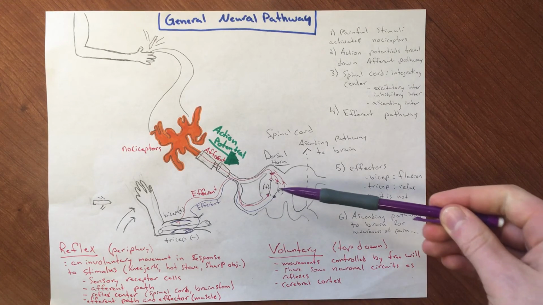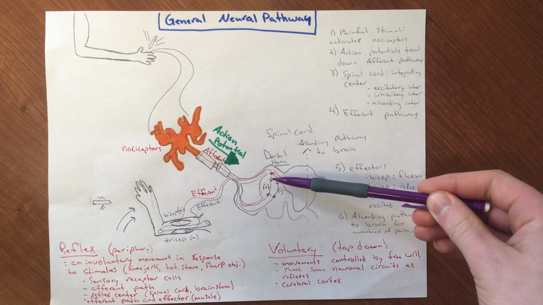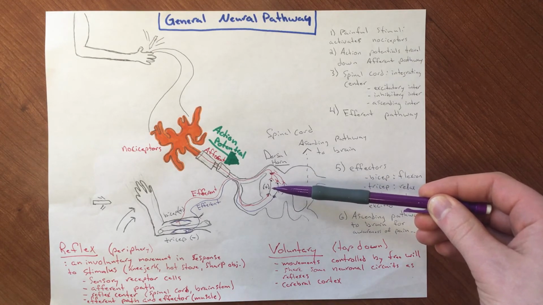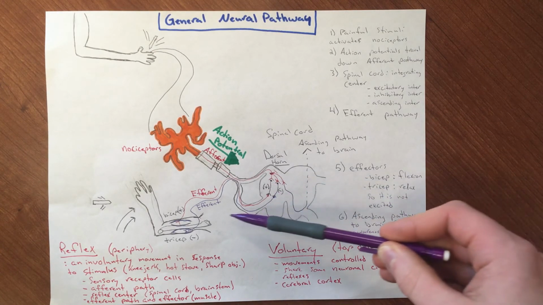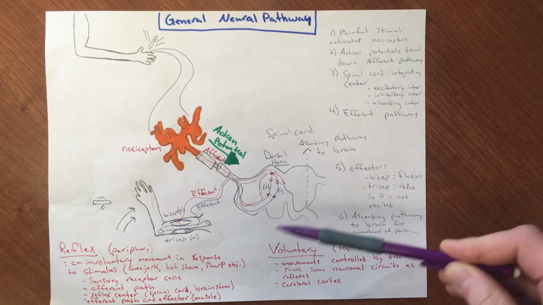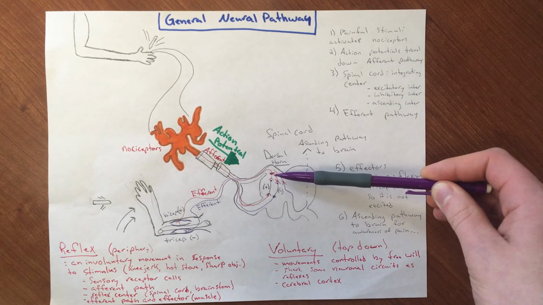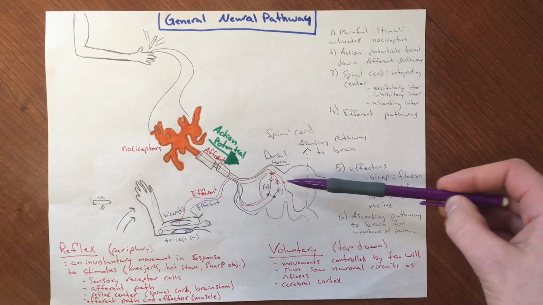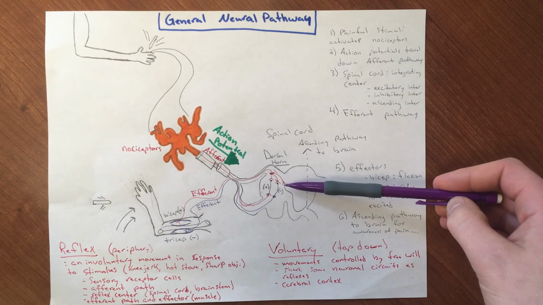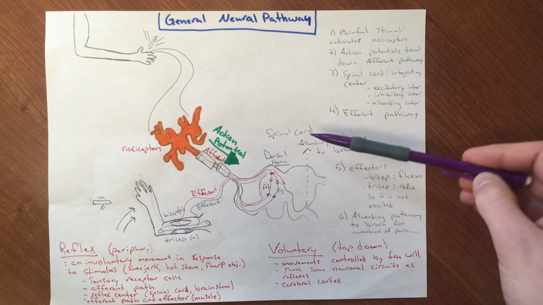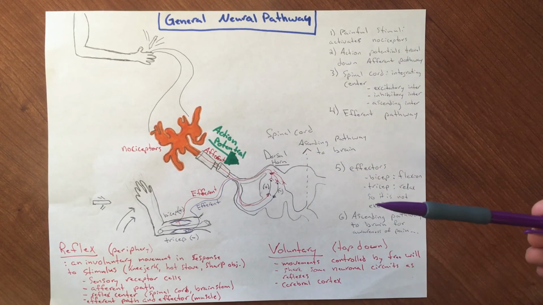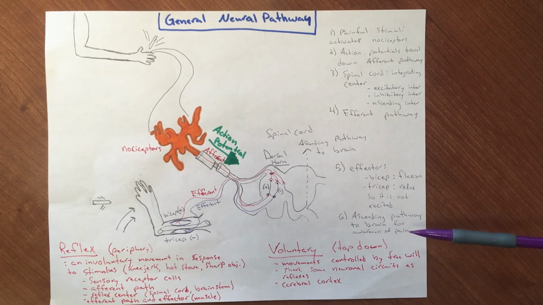You have this afferent pathway synapsing with an excitatory interneuron, which then goes along an efferent pathway. You have this afferent pathway also synapsing with an inhibitory interneuron, and then also synapsing with another interneuron that will eventually send information up to the brain to be processed for awareness of pain and whatnot.